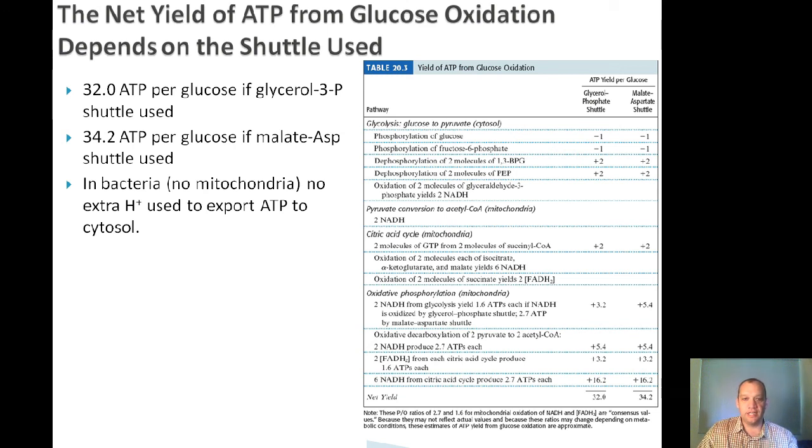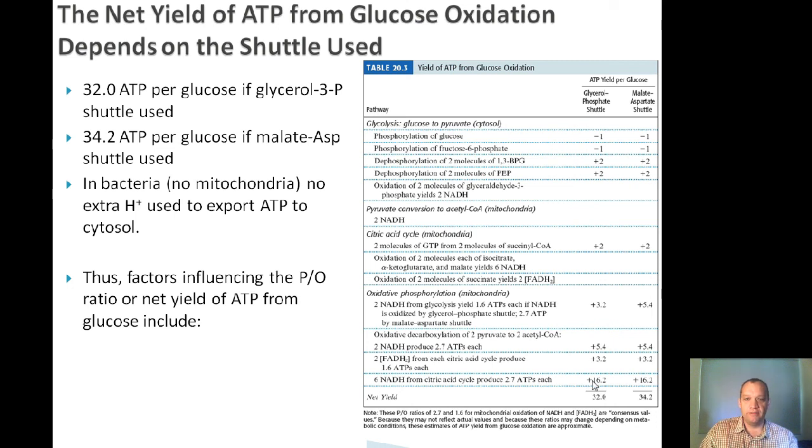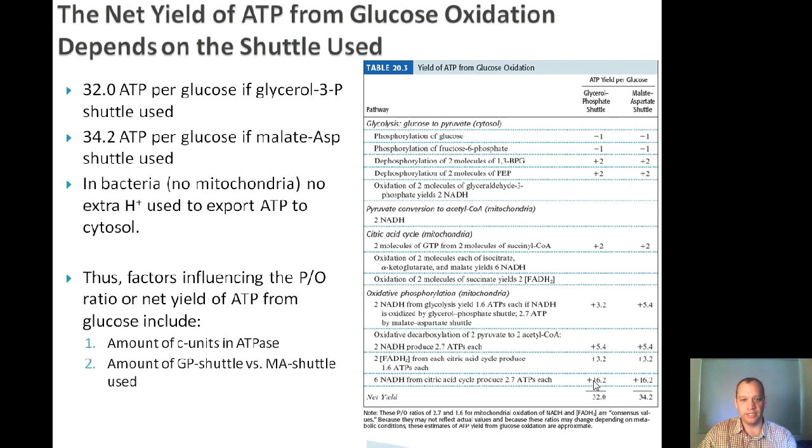So taking this together, there are 3 main factors influencing the P/O ratio between different organisms, in other words, the amount of ATP that can actually be produced from the same amount of glucose, or any substrate really. The first, as we said, is the number of c units in the ATPase. The more c units you have, the more protons you need to cross the membrane in order to complete 1 rotation, and you're still only going to make 3 ATPs in 1 rotation.